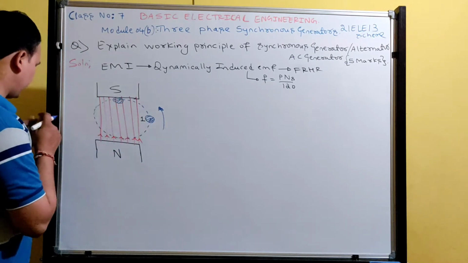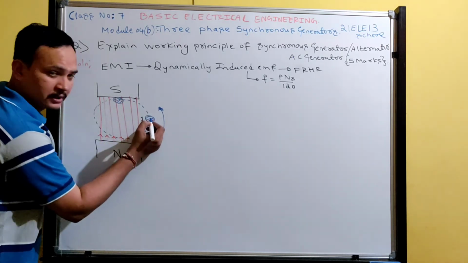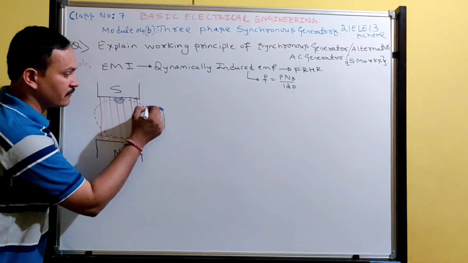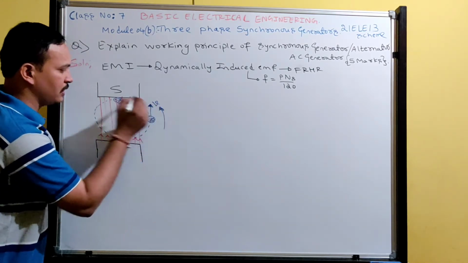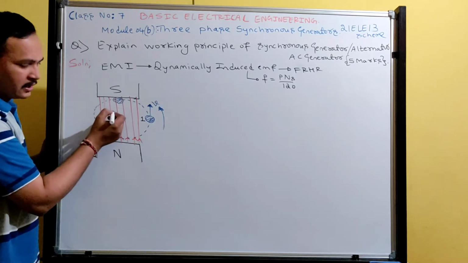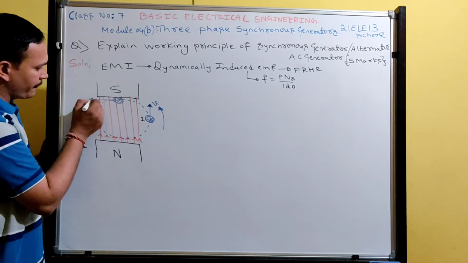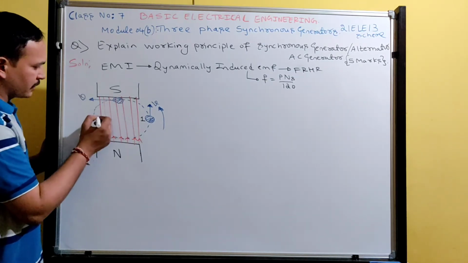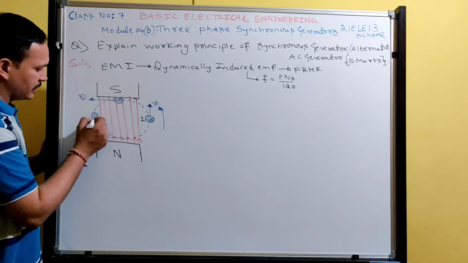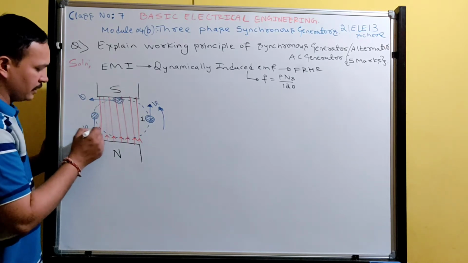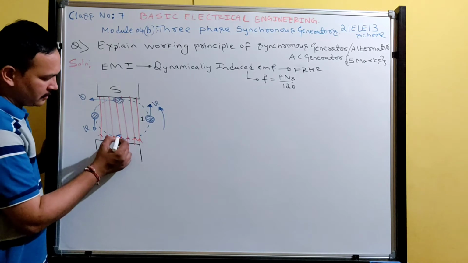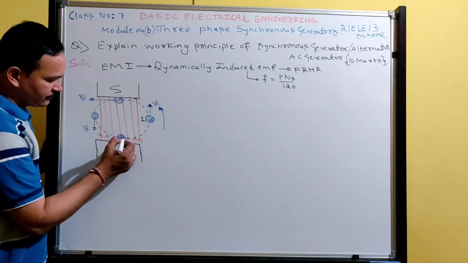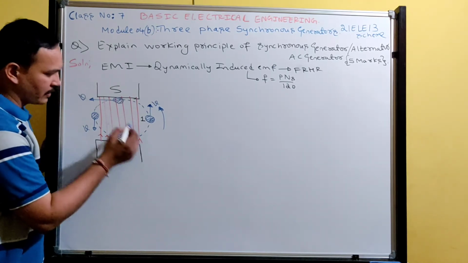This conductor rotates with a certain velocity V. When it rotates by 90 degrees, the velocity will be like this. Rotate a further 90 degrees, then the conductor comes here, and this will be the velocity. Rotate a further 90 degrees, then the conductor comes here, so this will be the velocity.